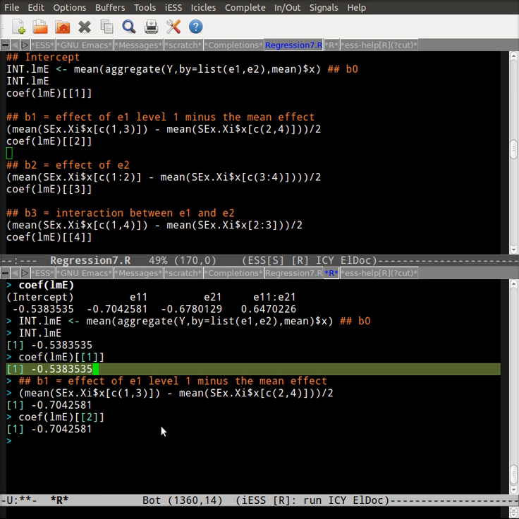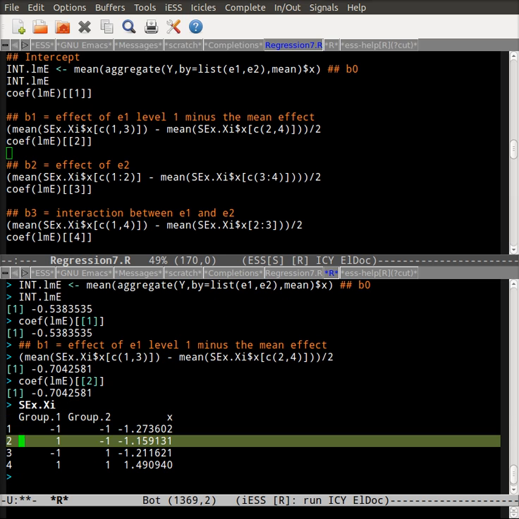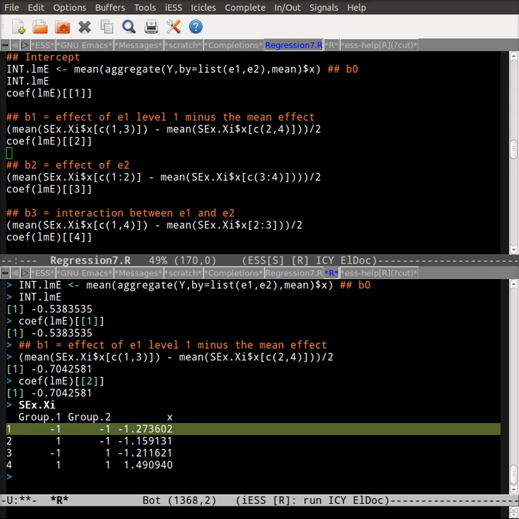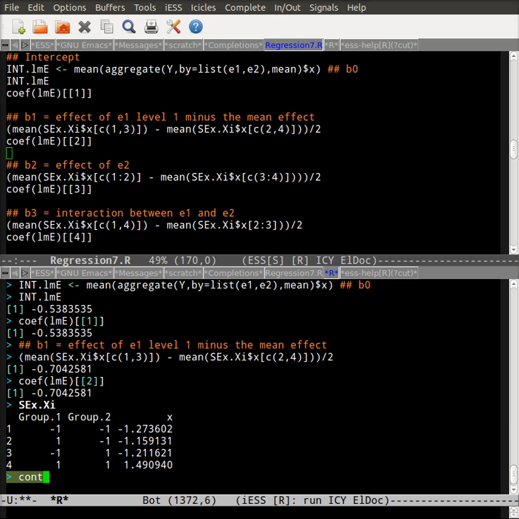I calculate it by taking the mean, and let me just show you what this is. So I'm taking the mean from the first and the third group, okay? And by taking the mean from the first and the third group, I'm getting the mean effect when the group is -1.